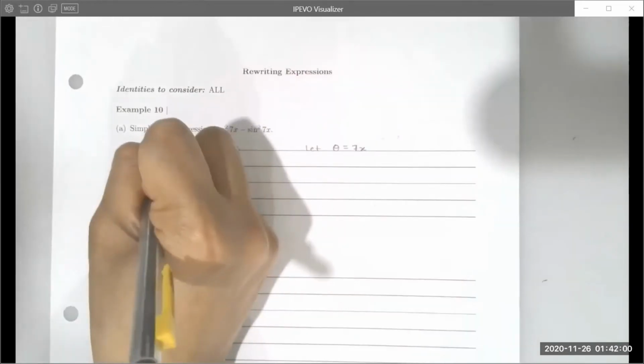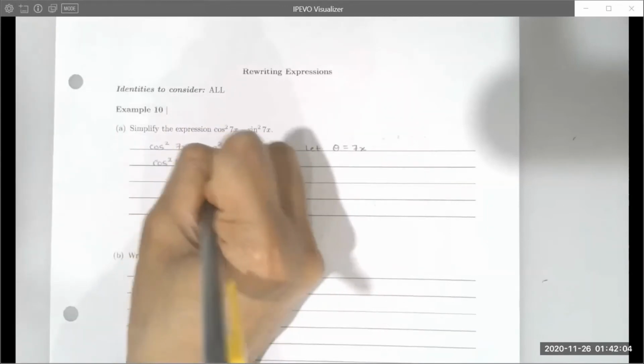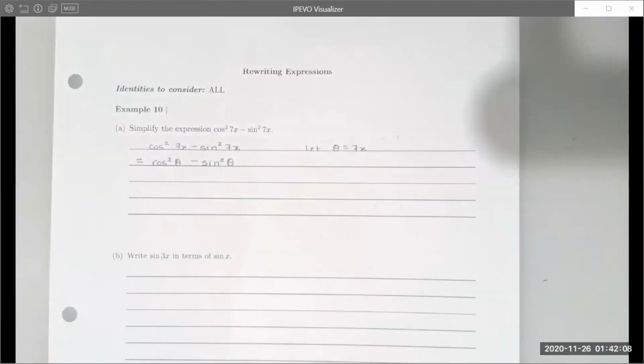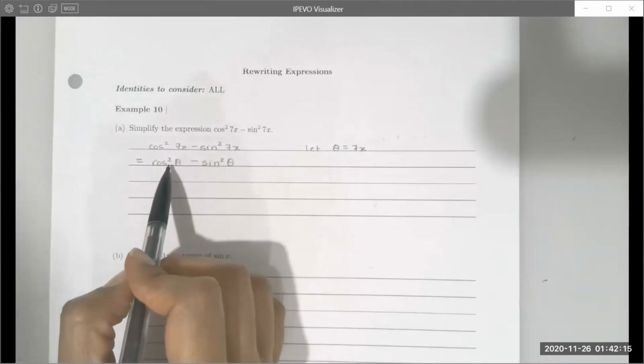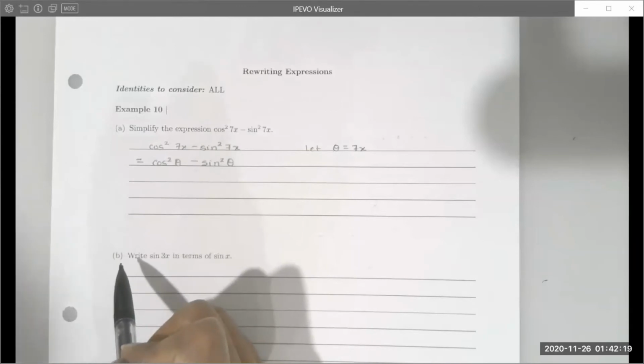That way we can focus on the bigger picture and just consider cosine squared theta minus sine squared theta. So if we go to the formulas and identities, is there anything that looks like cosine squared theta minus sine squared theta that you guys can pick up?